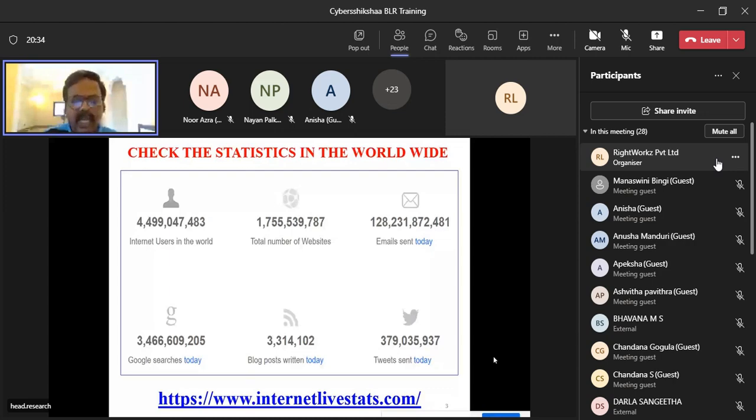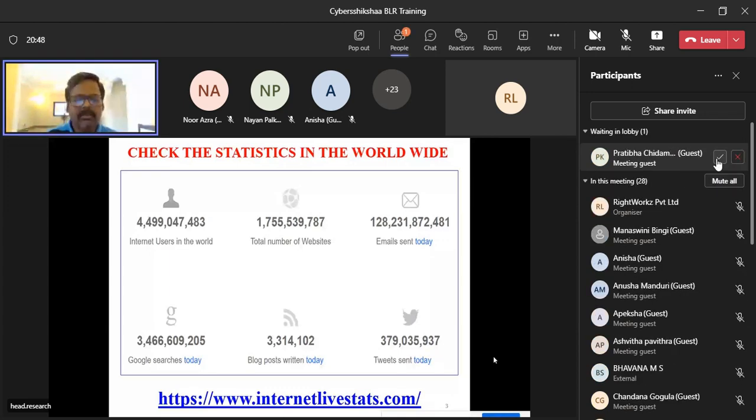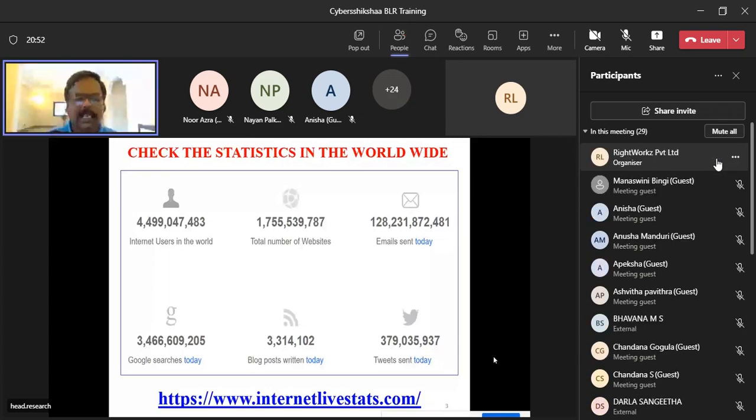In order to see the internet live statistics, if you click this URL, you can see the number of internet users in the world connected right now. How many users are connected to the internet? Internet is a network of networks, and network is an interconnection between autonomous computers in a local area network, wide area network.